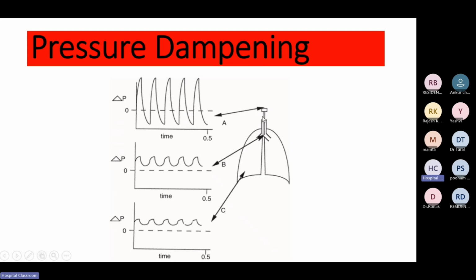But as you go down, because of the resistance of the endotracheal tube, the compliance and resistance of the respiratory system, and the inertance of the lung system as such, this amplitude keeps on decreasing. The amplitude you deliver at the beginning will be very high, but when you trace that same amplitude at the carina, it will be less. And when it comes to the alveoli, it will be even lower. So what reaches the alveoli effectively is actually a very small amplitude, and that is why it may not be very detrimental.